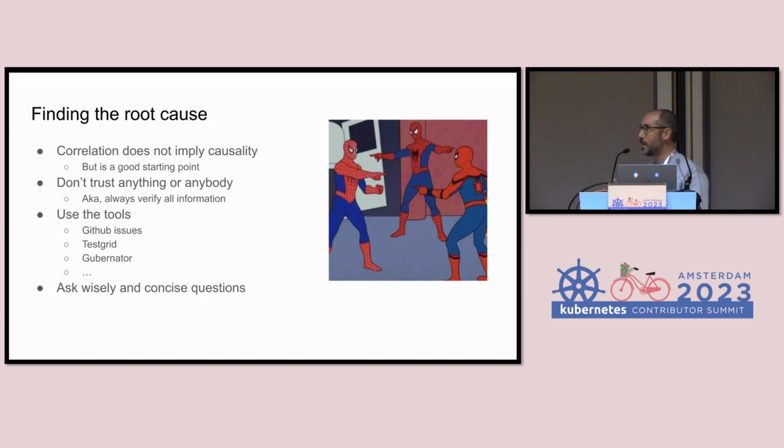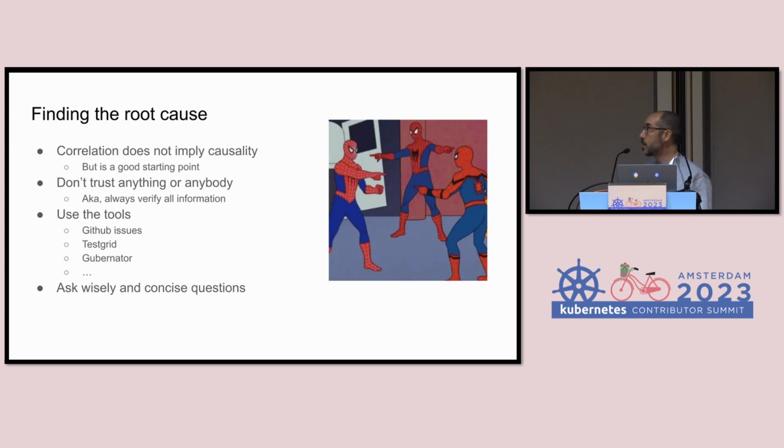Second thing is you need to double check everything. I mean, maybe you are trying to verify some problem and you ask someone and they tell you something, but that person doesn't have the full context of what you're doing. So it's always good to double check, because then you don't go with false assumptions.